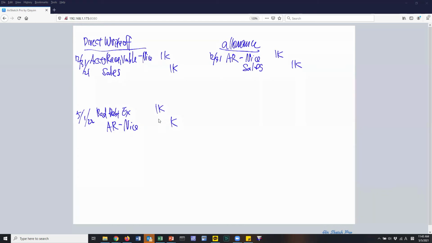Meaning, if we want to follow the matching principle, we need to recognize this bad debt expense at the same time as when we recognize the sales, right? So under the allowance method, we should recognize the bad debt expense.